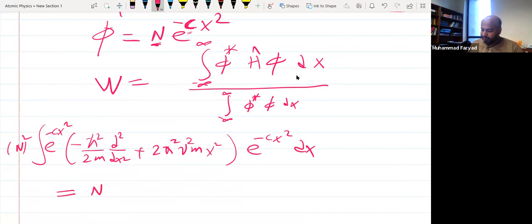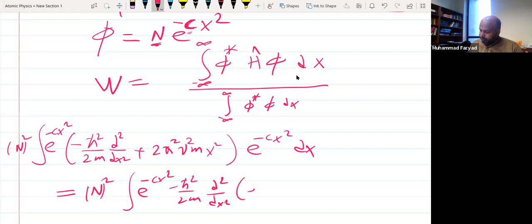So n square and e to the minus c x square, minus h cut square over 2m d square by dx square, e to the minus c x square, plus 2 pi square nu square m x square exponential minus c x square dx.